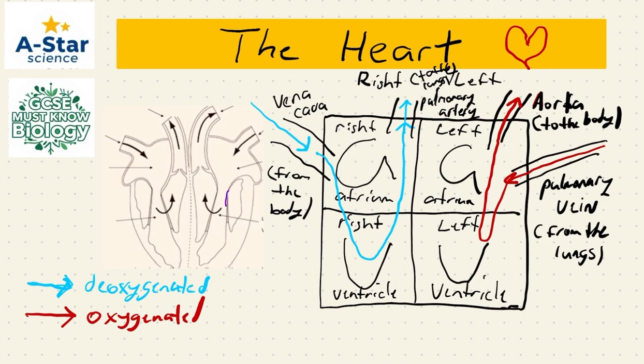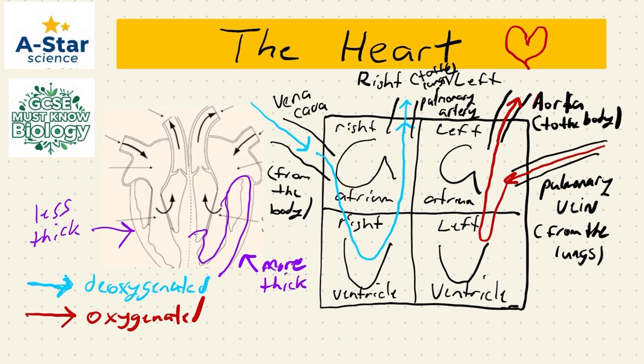Now, there's something important that we can see using this diagram on the left. You can see that this part of the heart, which I'm drawing in purple, is much thicker in muscle tissue than this side. The right-hand side of the heart is less thick than the left-hand side, which is more thick with muscle.